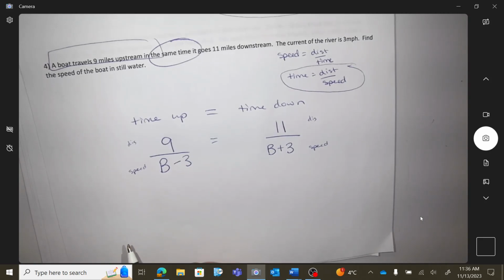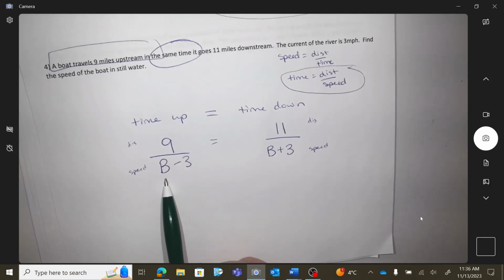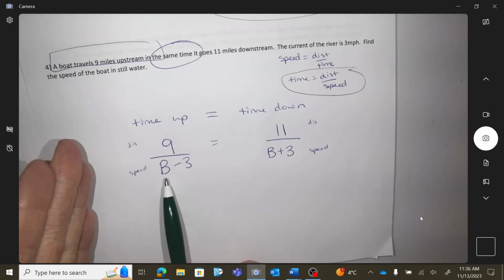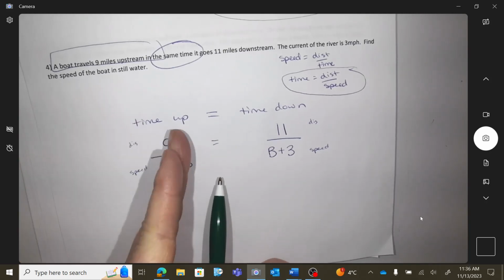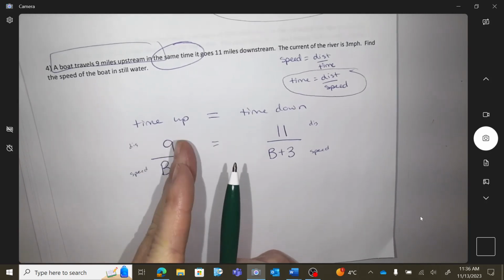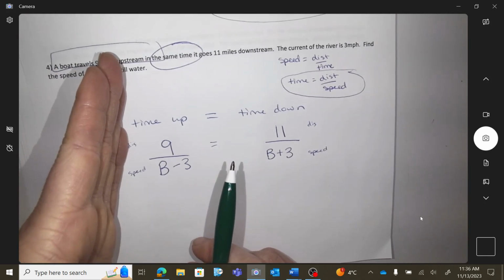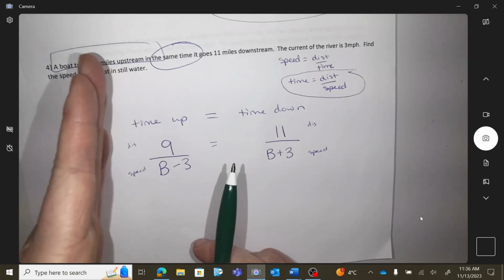Okay. Also, this question, be ready for it the other way. I might give you boat speed and you got to figure out the water speed. Okay? It always has to go boat plus or minus the water speed. Do not do it the water plus or minus the boat because you're going to get either a negative answer or something crazy.